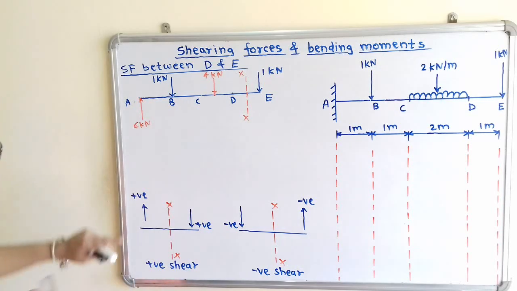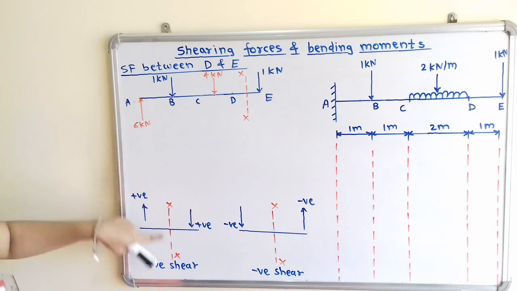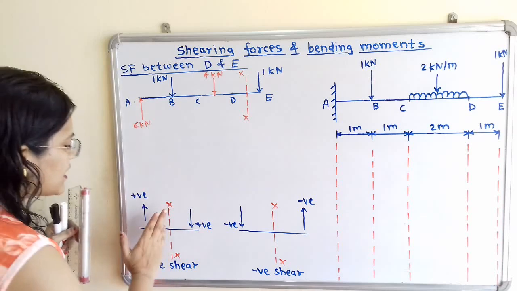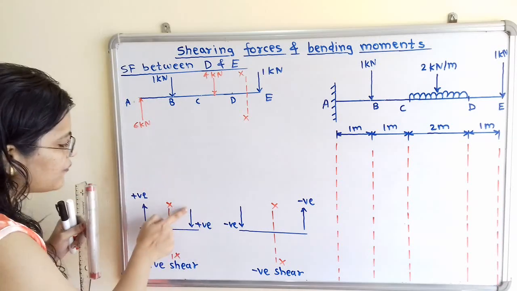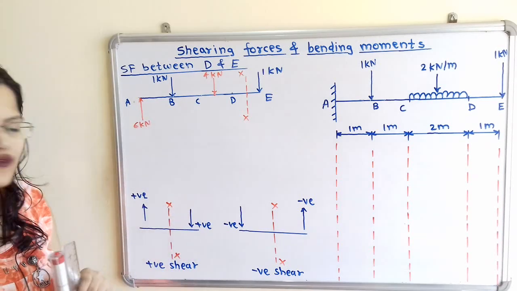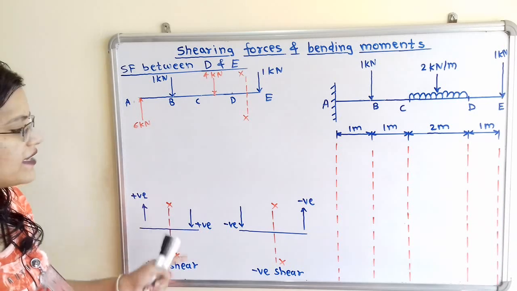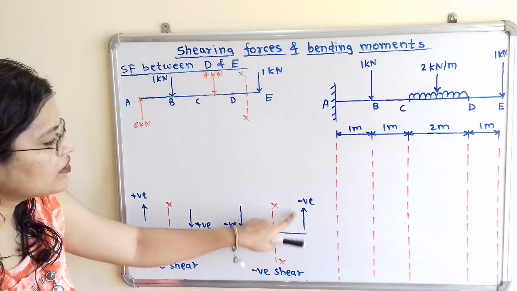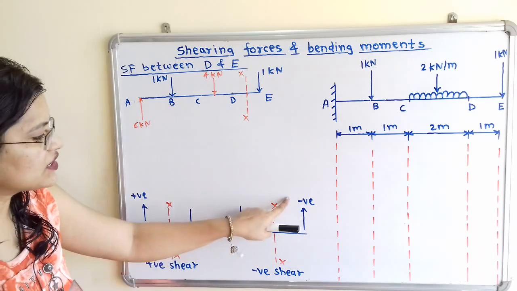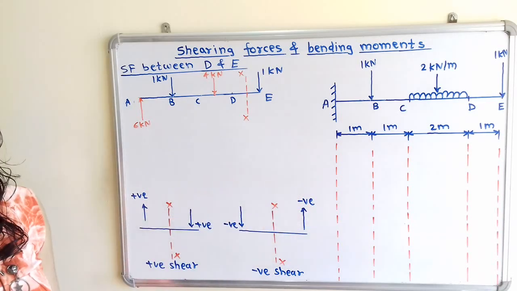So if we observe here, suppose this is the section line, and on this section line on the right hand side, if forces are in downward direction we have to consider the positive sign, and if the forces are in upward direction then we have to consider the negative sign.